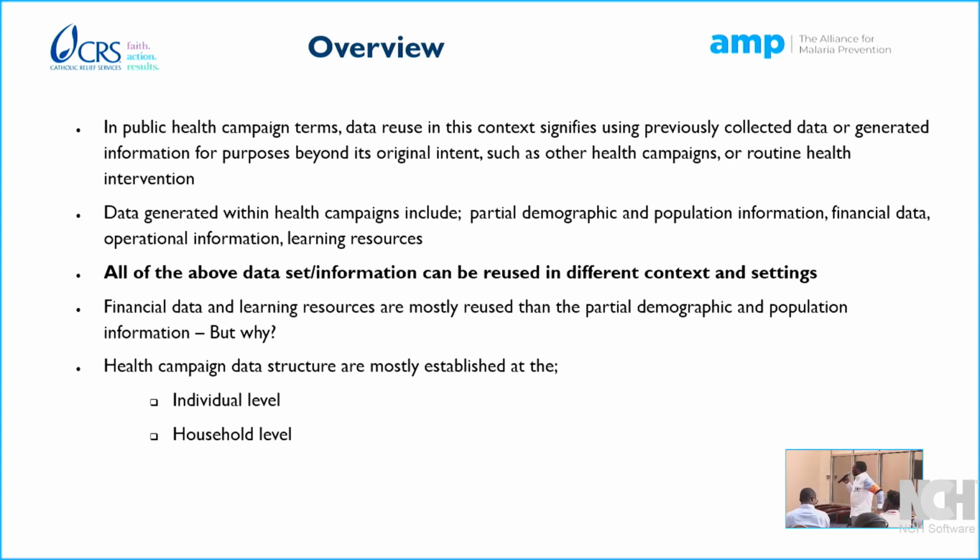However, all the data we receive can be reused in different contexts. And I like that point that was made, outside of health, outside of campaigns, in things like livelihoods: can they reuse our campaign data? If yes, how? In as much as we don't receive all this demographic information. So all of this would be addressed in the context of our framework.